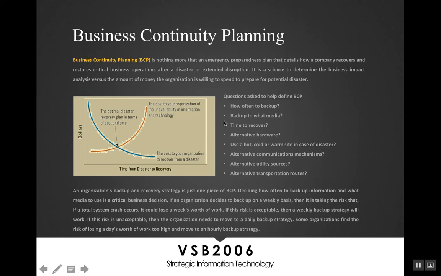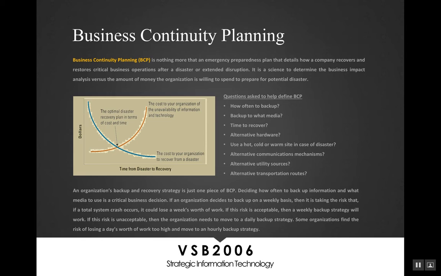As we say here, it's a science-determined business impact analysis versus the money an organization is willing to spend. This is insurance, and a lot of times organizations can simply buy and duplicate all of their infrastructure, so you have 2 or 3 or 4 versions of it, but that is not necessarily the most cost effective.